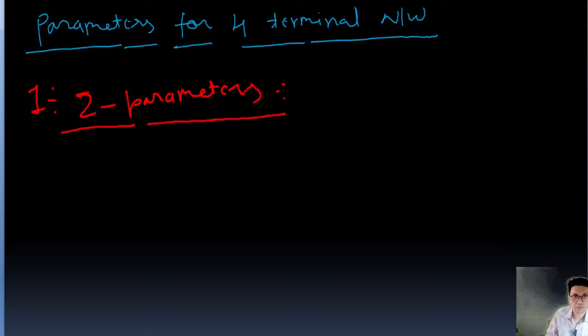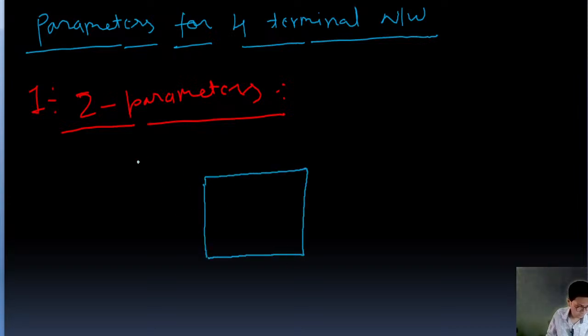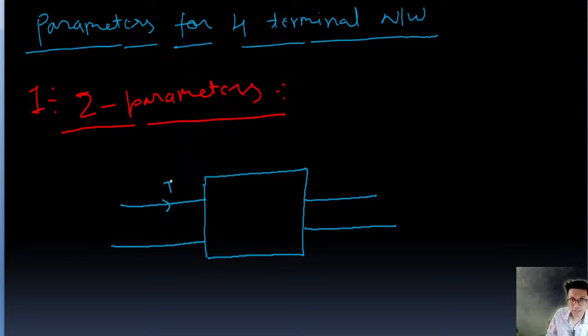Z parameters. So this is the four terminal network. The current here is I1, and at this point the current is I2. The potential between this is V1, and between this V2.